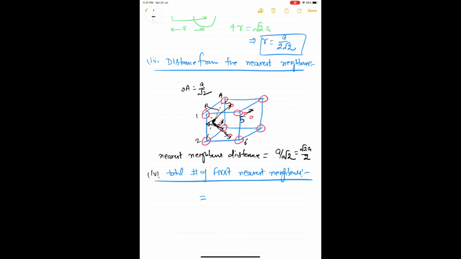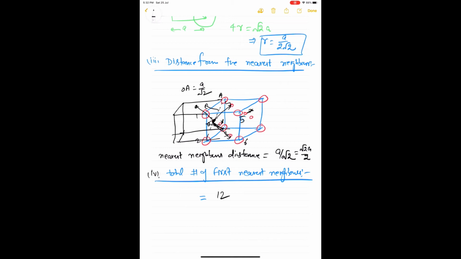And if you go to the adjacent cube, for example, if I want to find out the distance between this particular atom and the reference atom that we have chosen, this is also a by root 2. So if we count in this fashion, the number turns out to be 12.